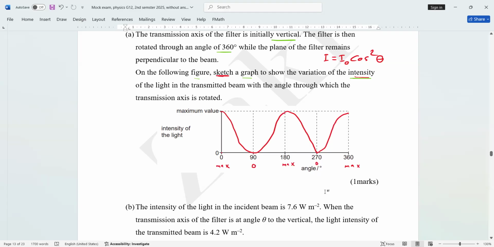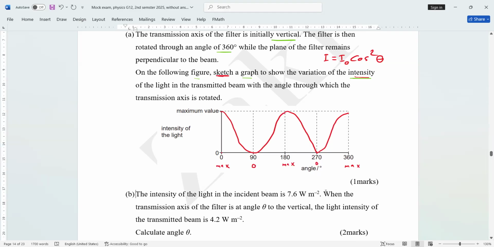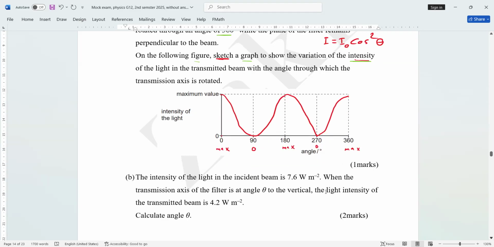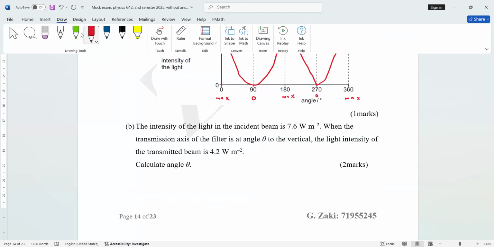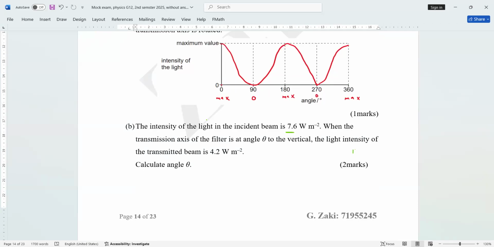Okay. Now, next part. The intensity of the light beam. Now we write the given. The intensity of the light in the incident beam when the transmission axis is vertical, this is I naught, the initial intensity, the maximum value.